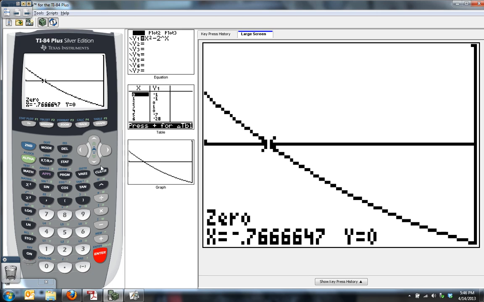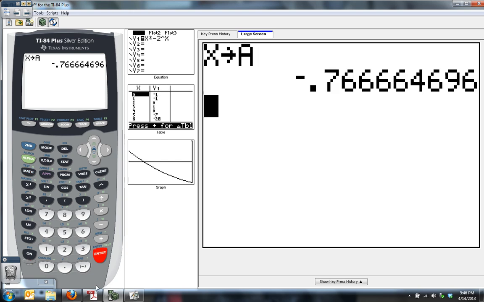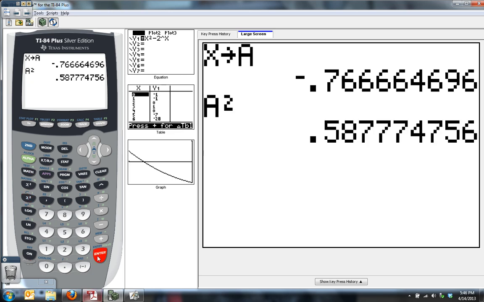Now, the next thing I'm going to do is quit this, and then I'm going to store that value for later use. So I'm going to say x, and then I'm going to press this STO button, and I'm going to store that as A for later use. Okay? And then the next thing I'm going to do is, they've asked us for x and y values, right? So I'm going to say A, and then I'm going to square that, and there's my y value.